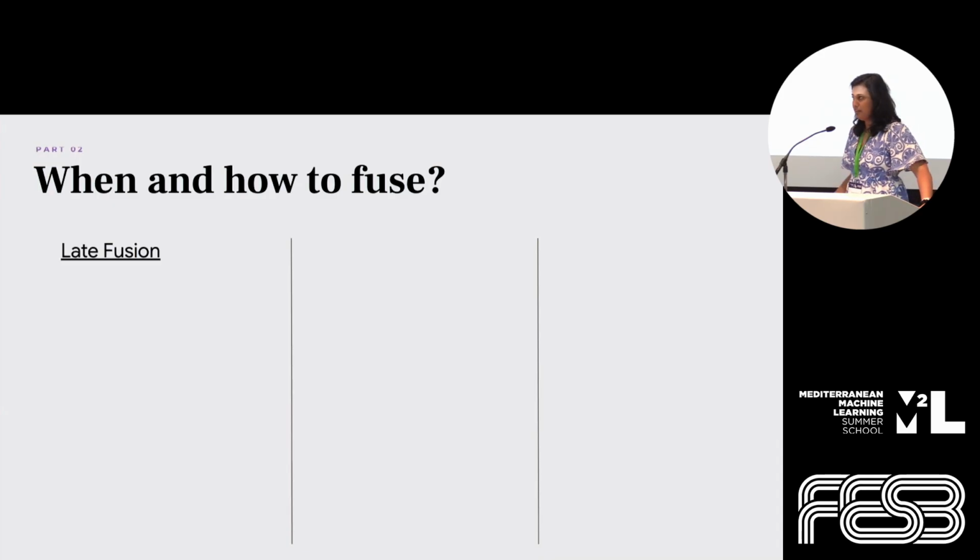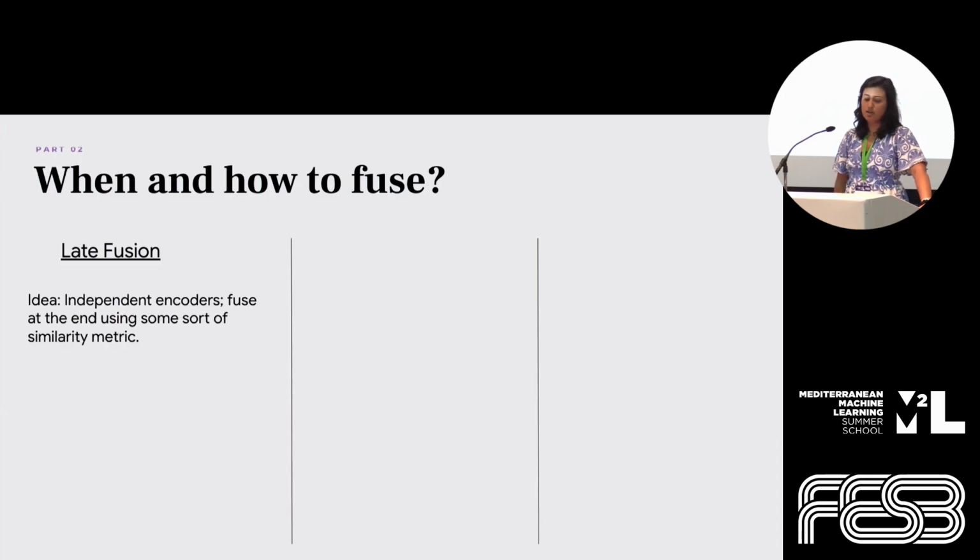So the first is late fusion. When I say late fusion, the idea here is to have independent encoders. At this point, it's already transformers. So there's an image transformer, and then there's a text transformer. And at the end of it, you try to compare the outputs and learn a representation that brings together things that are similar.